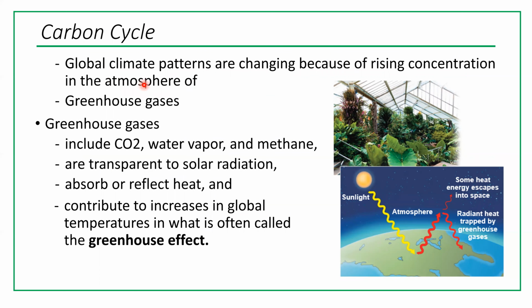And that's what we call global climate change, right? One of the reasons, not the only reason, but global climate change is related to carbon cycles. And it happened because partially of rising concentration of the atmosphere greenhouse gases.